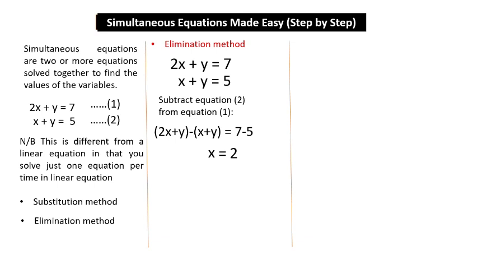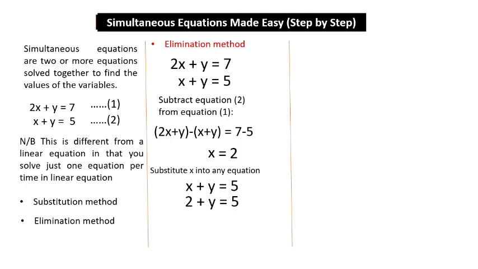Now, after you have gotten the value of x, you proceed to find the value of y. How do you find the value of y? You simply substitute the value of x in either of the equations, whether equation 1 or equation 2. In this case, we're going to substitute the value of x in equation 2, which is x plus y equals 5. We now have the value of x to be 2, so instead of x plus y equals 5, we have 2 plus y equals 5.